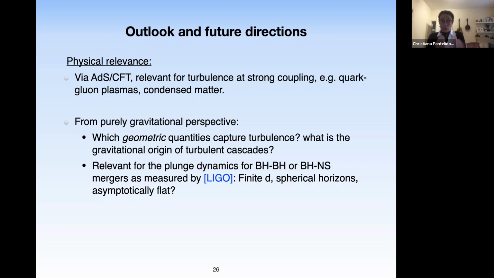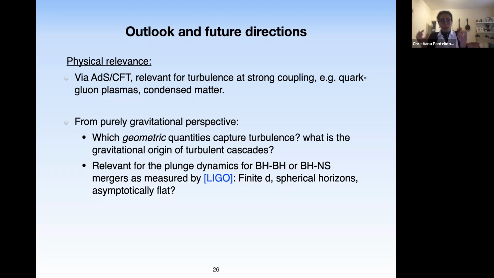That's when the actual merger takes place. So one might hope to see an imprint of turbulence there. And the reason why that might be the case is because, if you have an object that is in a laminar flow or in a turbulent flow, the drag force that that object will experience is qualitatively different.